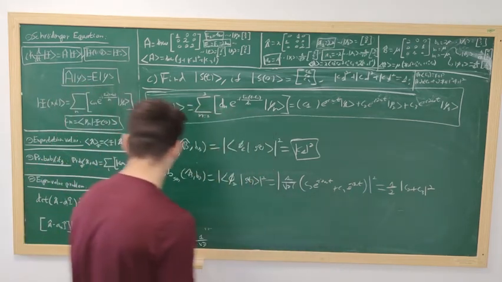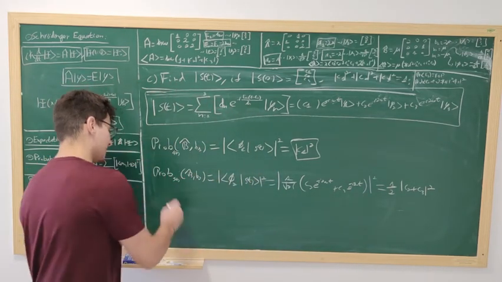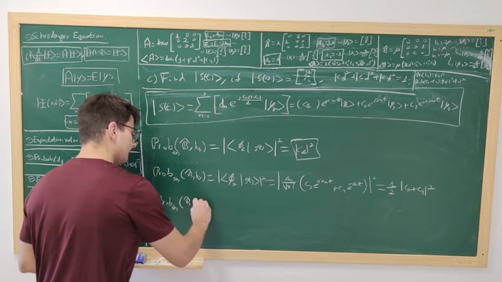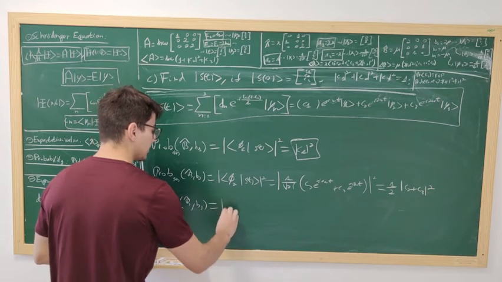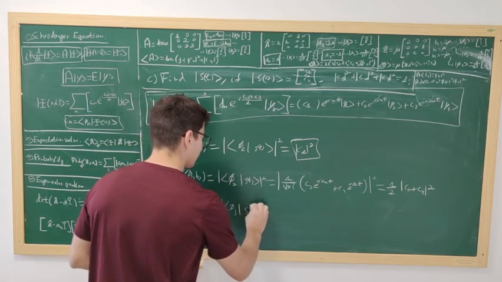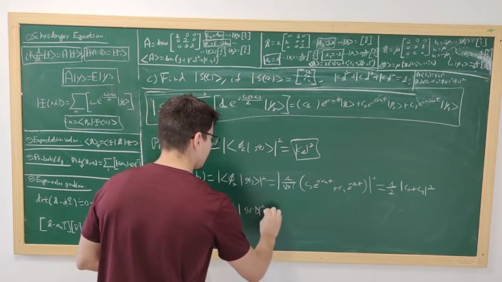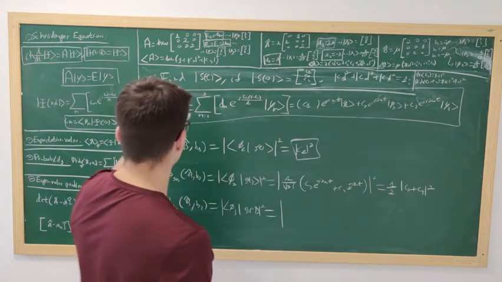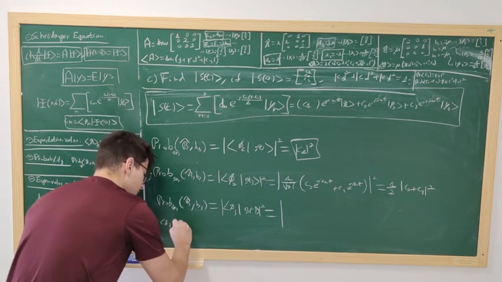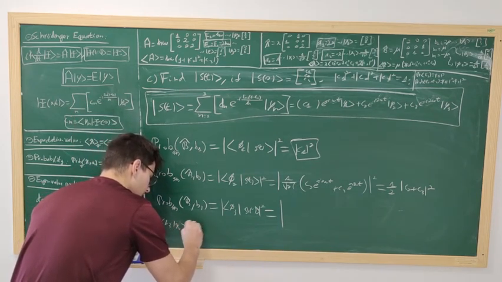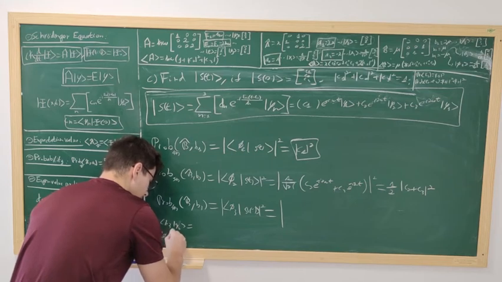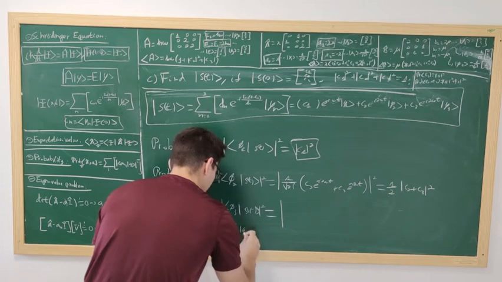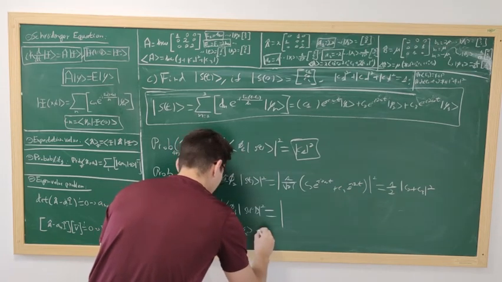For B3, which is the last thing we have to do, we get phi 3 s of t squared, and let's just do phi 3 times phi 1, phi 3 times phi 2, and phi 3 times phi 3.